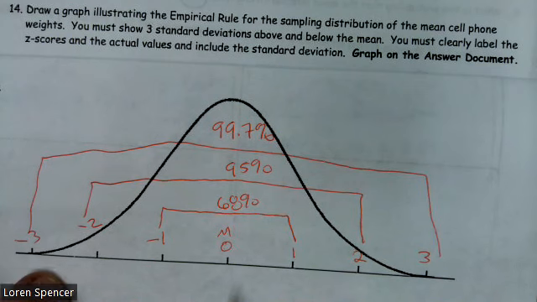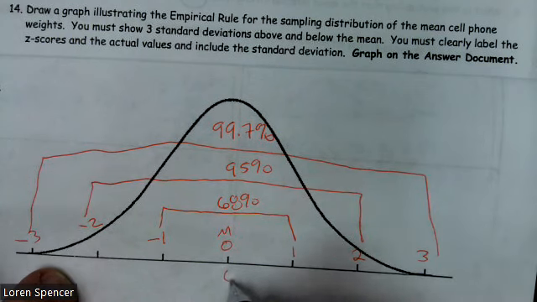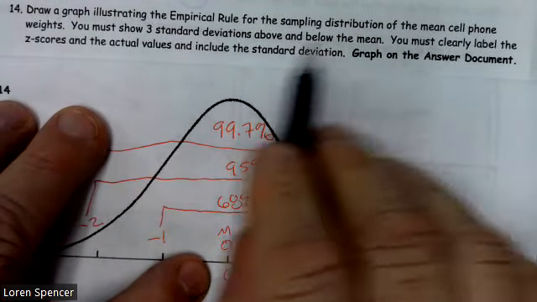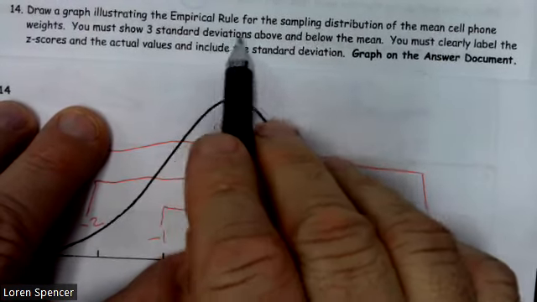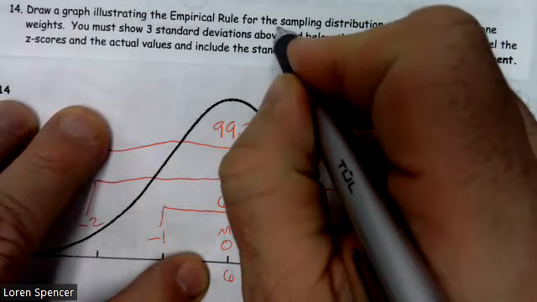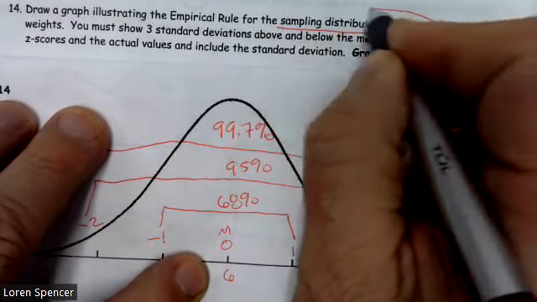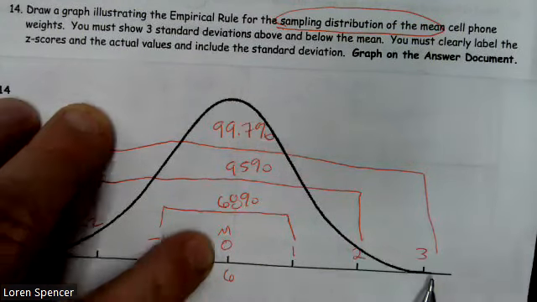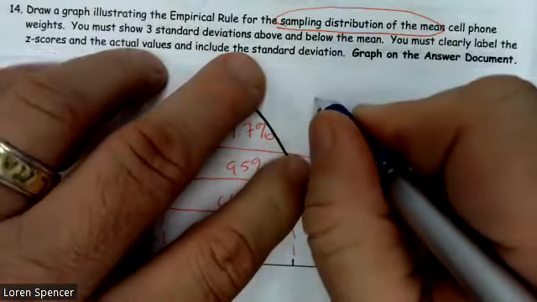Well, our actual mean was 6. But here we need to be careful because it says the sampling distribution of the sample means. That means I have to use the standard deviation of X bar.